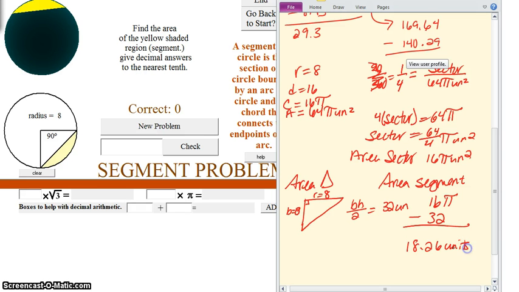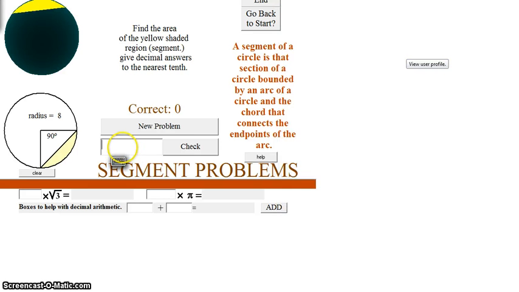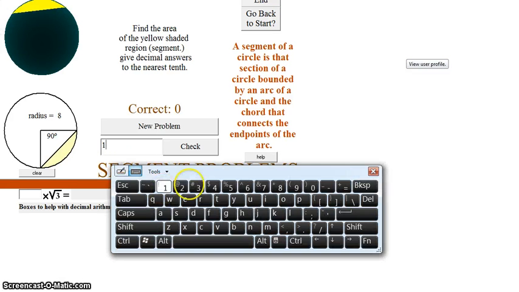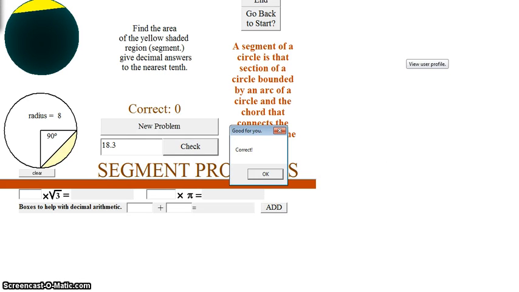units. I believe they still want these to the 10th. Yep. Give decimal answers to the nearest 10th. So I'm going to enter 18.3. And check, and that is correct.